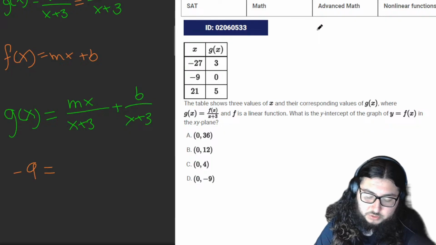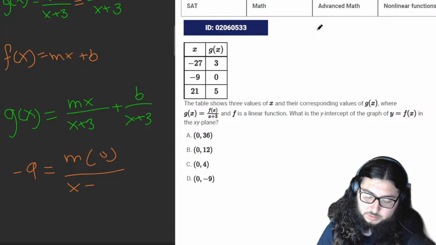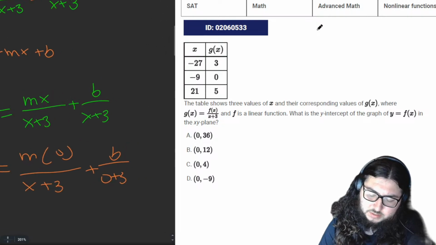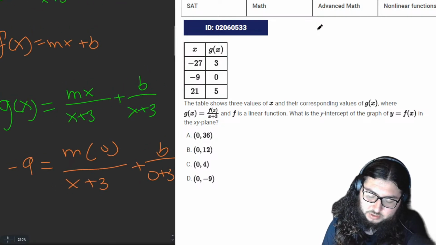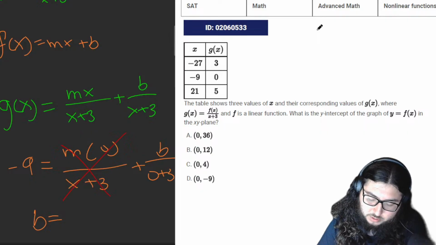-9 is equal to m times 0 over 0 plus 3 plus b over 0 plus 3. Oh, actually we don't have to set up a linear equation. If we choose our points this way, this cancels out. m times 0 is just 0. So this cancels out, and we have b over 3.